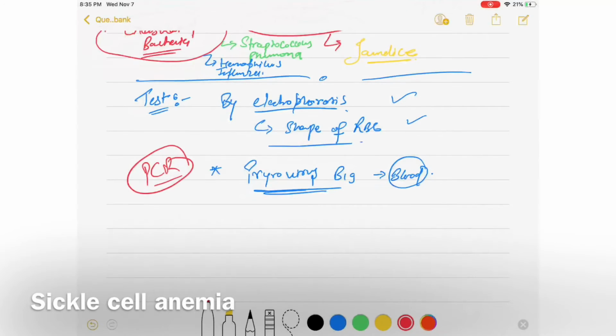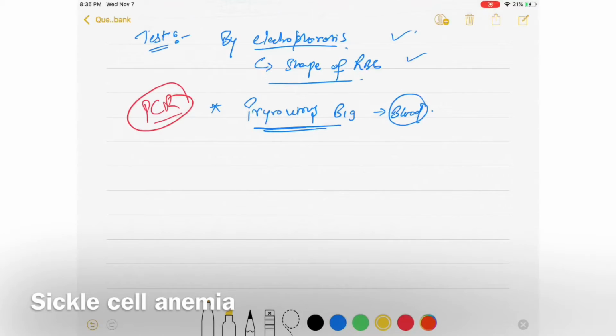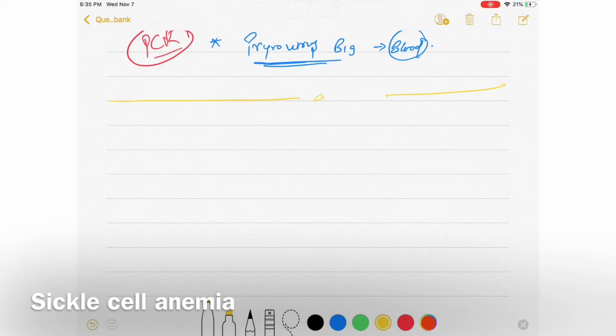This is a test for many things, and we can also check pyruvate through PCR. Next we are going to study the treatment of sickle cell anemia. What are the major treatments we give a person with sickle cell anemia?